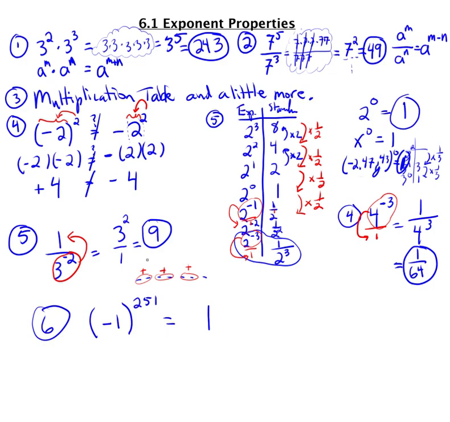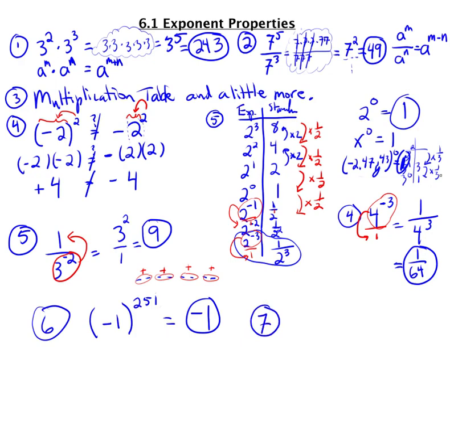But if I had another negative, to make it an even number, then those two would become a positive. So I have 251. So 250 of them would all be positives because they pair up, and you have 125. And one more would be a negative. So our end result would be negative 1 in its simplest form.